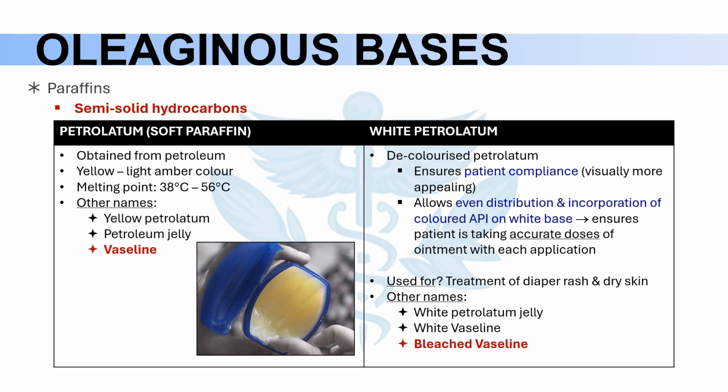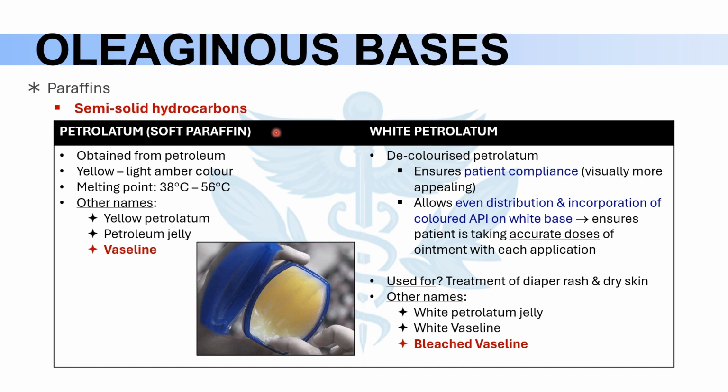There are actually three types of paraffins. We have semi-solid, solid, and liquid paraffins. But the only paraffins that can be used completely as ointment bases are semi-solid hydrocarbons. And there are two types, petrolatum and white petrolatum.